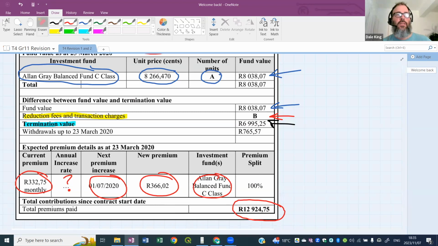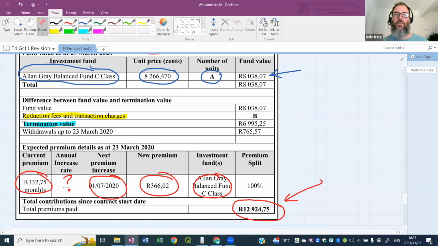Now, if I was this person and I got this statement, I would be pretty upset because these are all the premiums that this person's paid to date. This person's paid 12,924 and 75, but this is the fund value.